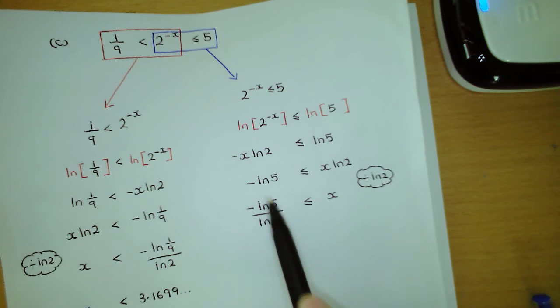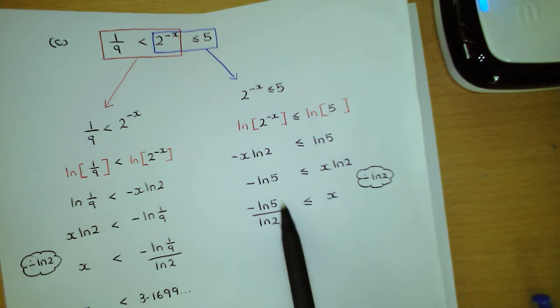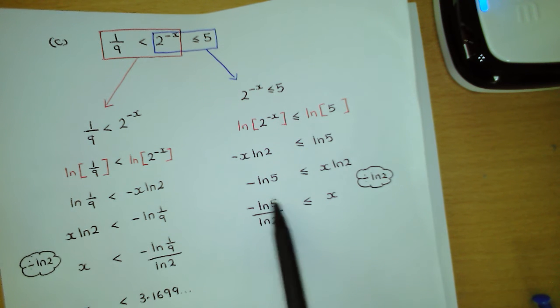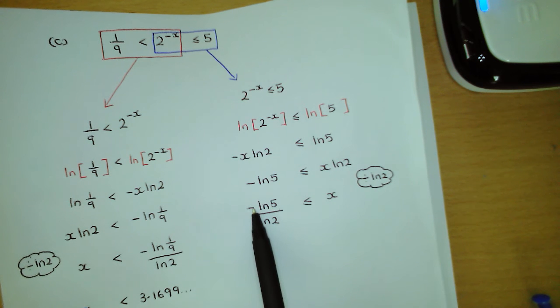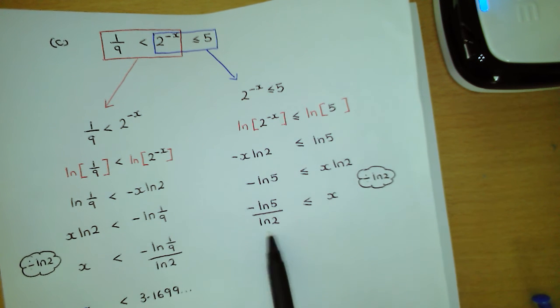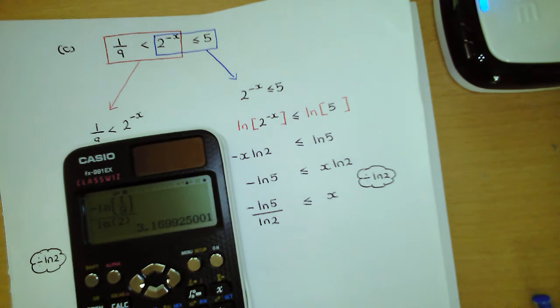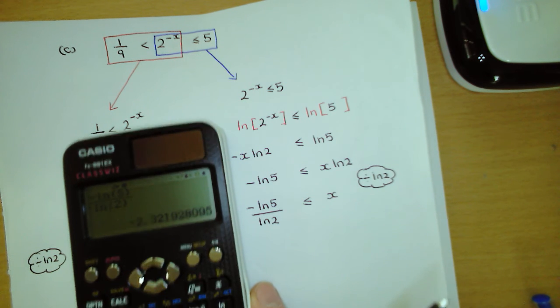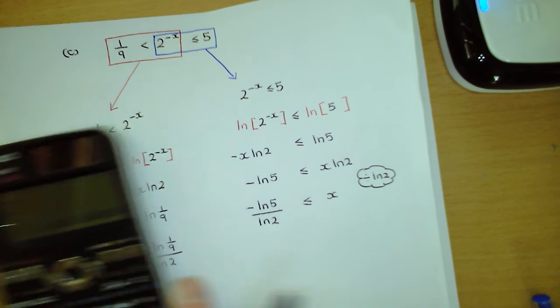Before I type this into the calculator, I'm expecting this answer to be negative, because natural log of 5 is positive, but we're multiplying it by a negative, and then dividing by a positive. So that's going to give us negative 2.321.